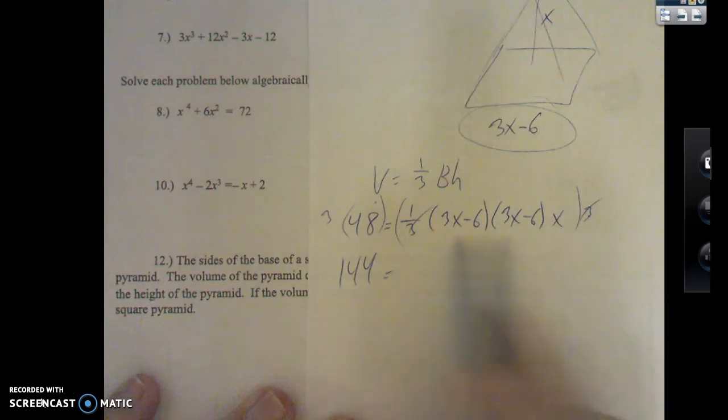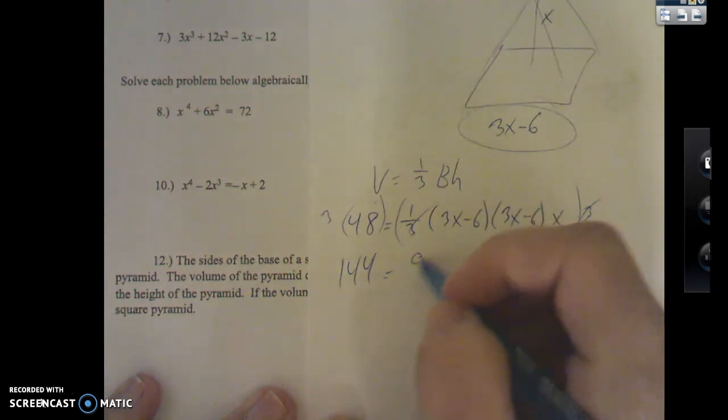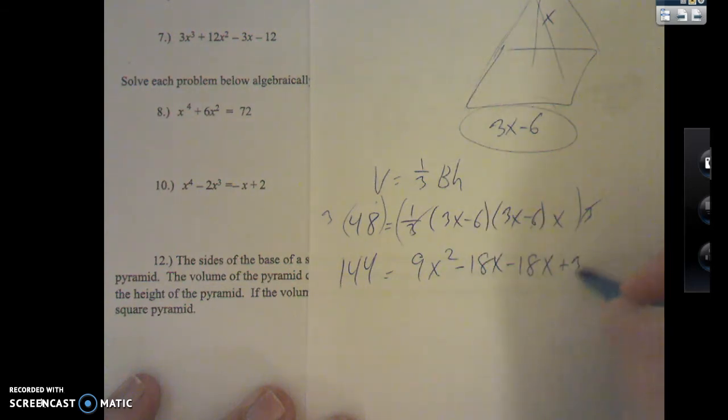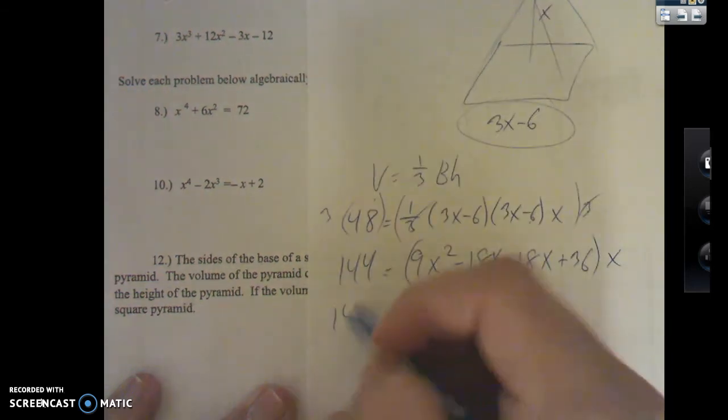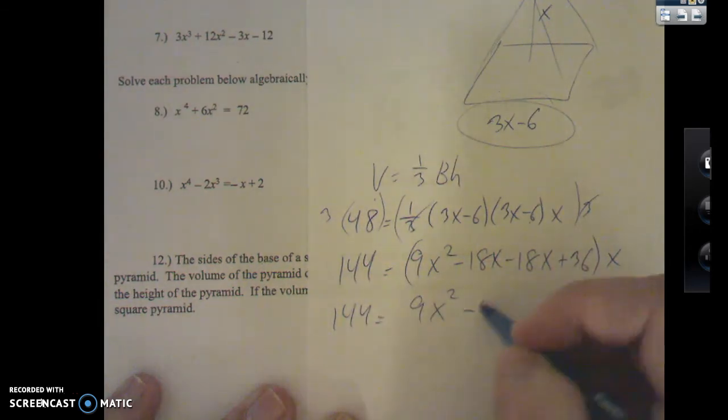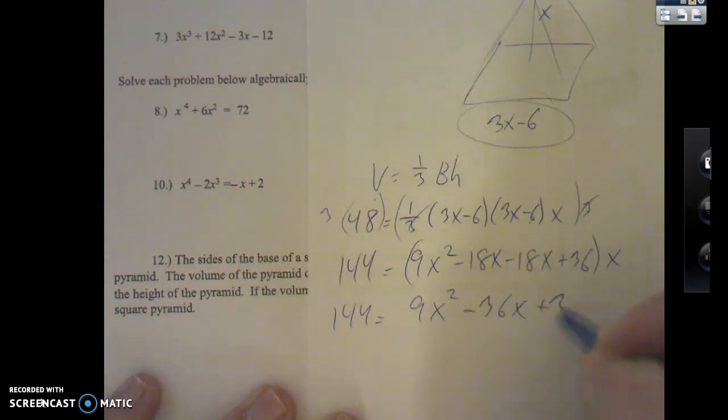Now I have to FOIL. 3x times 3x is 9x squared. 3x times negative 6 is negative 18x. Negative 6 times 3x is negative 18x. And negative 6 times negative 6 is plus 36. Now, 144 equals 9x squared minus 36x plus 36.